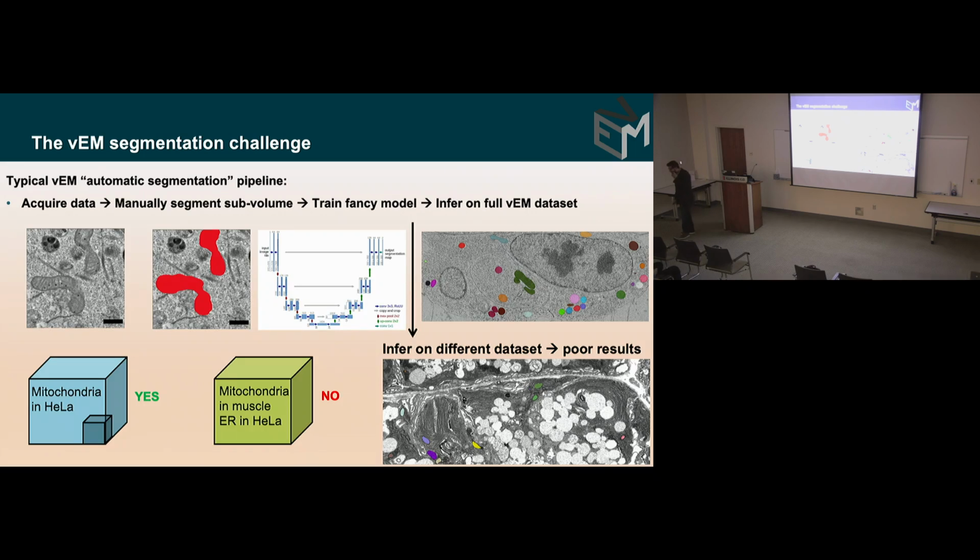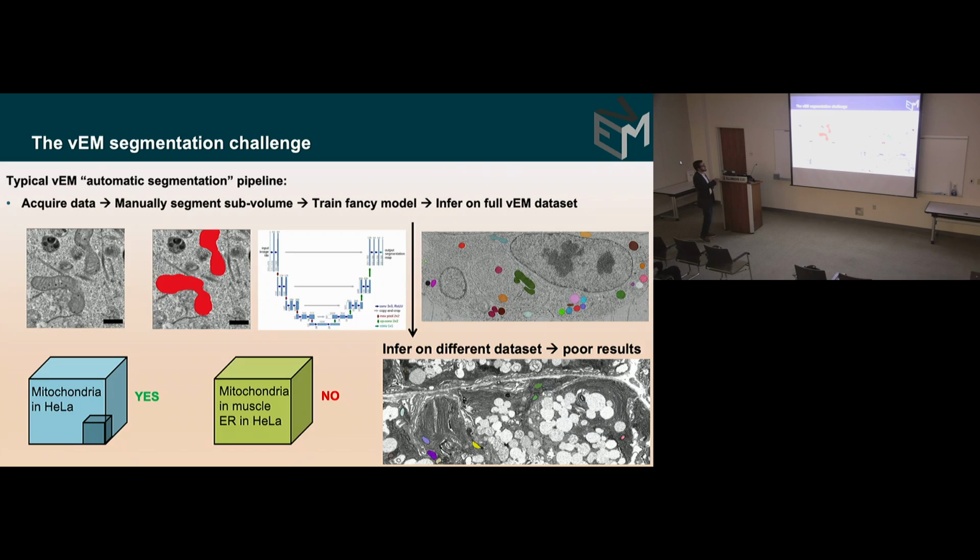Humans do this even without thinking. We're extremely good pattern perceivers, right? And in fact, we often see patterns where there are no patterns, right? That's why illusions work, for example. So it turns out that training these kinds of networks to be able to detect these patterns in electron microscopy data or any data is pretty challenging.